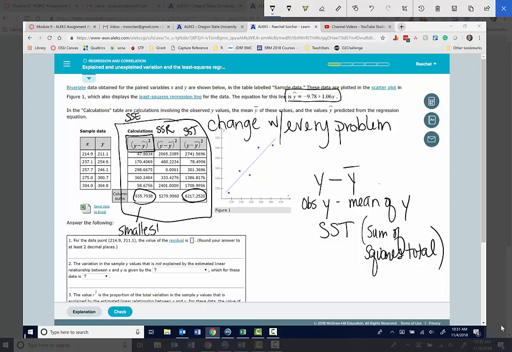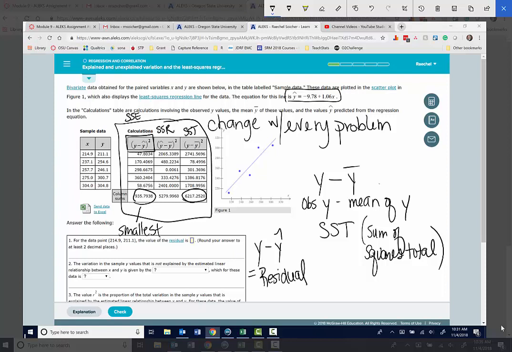A least squares regression line reduces the amount of error in your calculations. That's why it's called that. The process of least squares actually minimizes the error that you're making. Another term for the difference between your observed y and your predicted y is a residual.